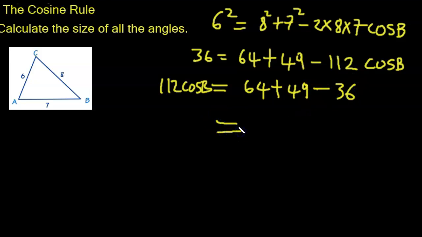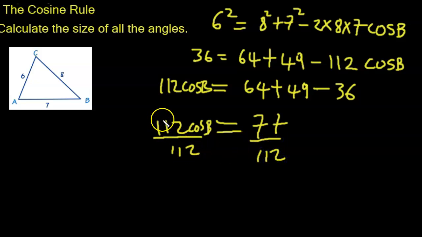And then what we have here is 112 cos B, and we add 64 plus 49 minus 36, and that gives us 77. So to get the value of cos B, we divide both sides by 112 to get rid of the 112.